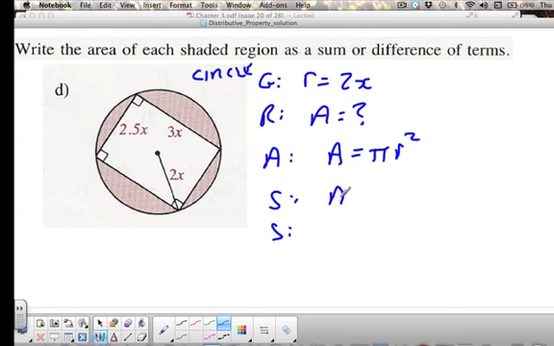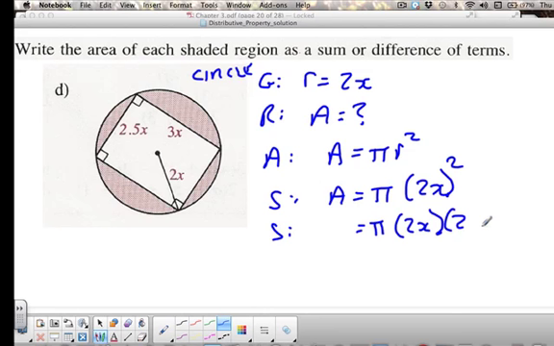So we're going to substitute in and solve as much as we can. So area is equal to pi times 2x squared. Now, when we square this, remember that this means multiply by itself. So I'll expand this, and I'll talk about the exponent laws later.